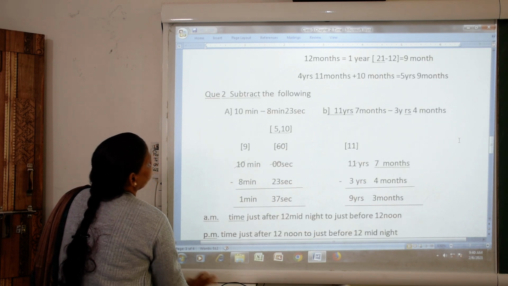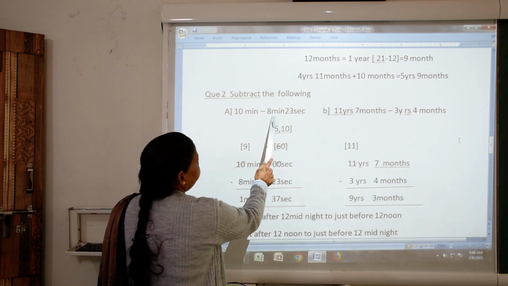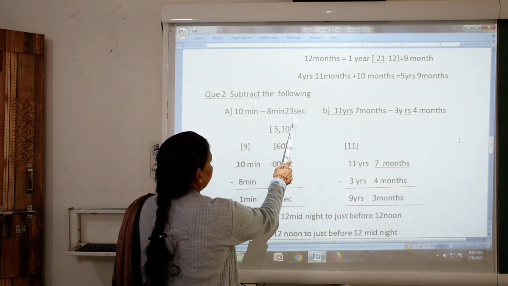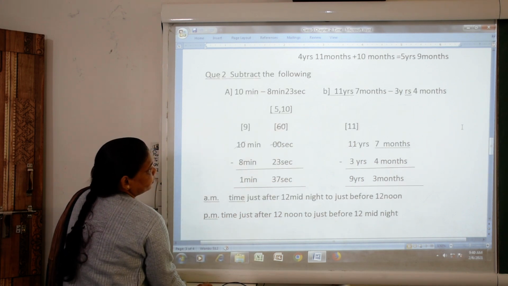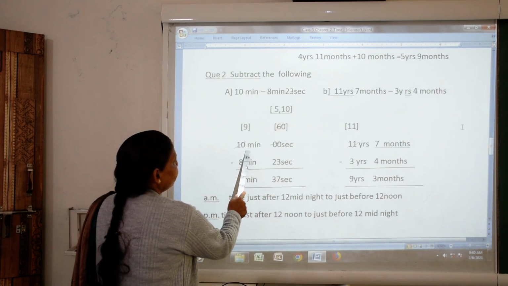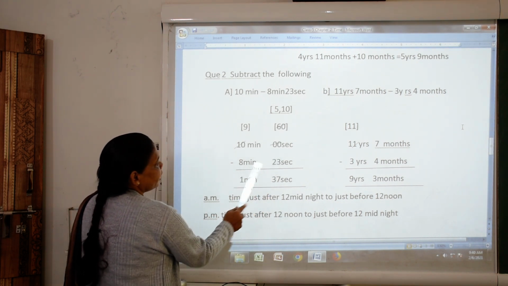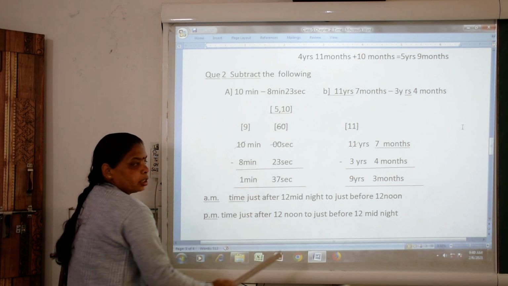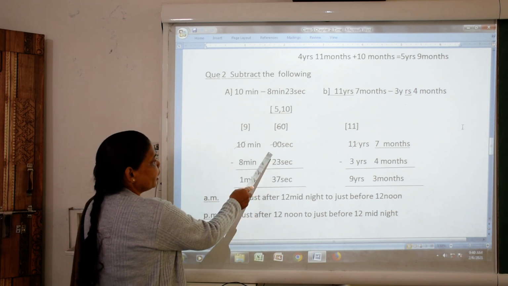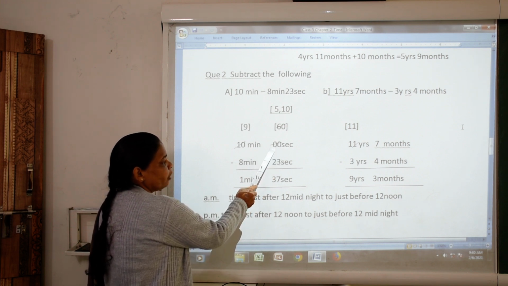Subtract the following. 10 minutes minus 8 minutes 23 seconds. 10 minutes and no seconds are there, 8 minutes and 23 seconds. So here we put 0. Children, see here carefully, we cannot subtract 23 from 0. So what will we do?